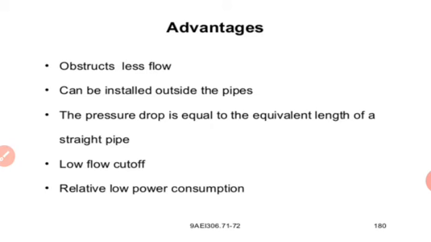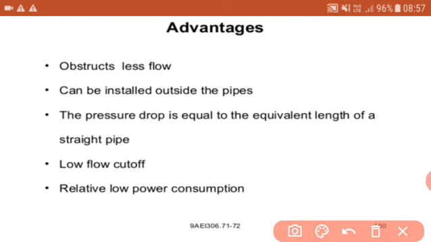Now advantages: it obstructs less flow. This is an advantage because in some meters there is an obstruction element, and more flow is obstructed. Another advantage is that it can be installed outside the pipes.